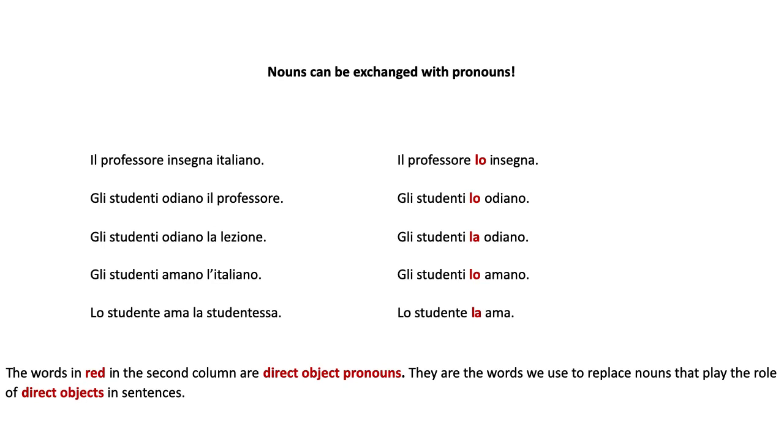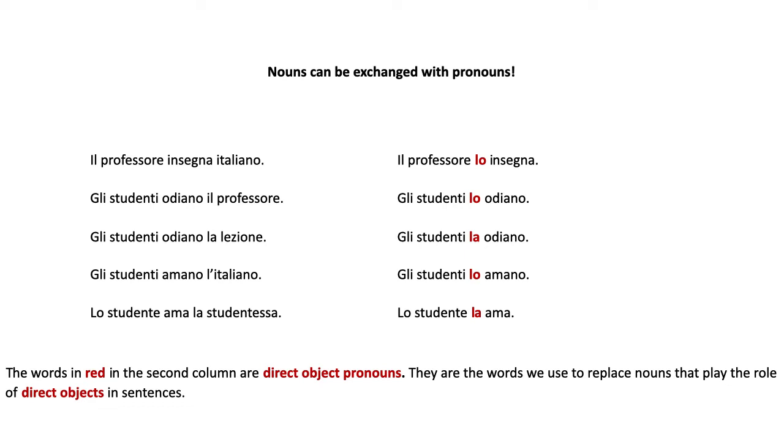I'll have you notice the position of the direct object pronoun in the sentences in the second column. It goes before the verb. I emphasize this because this is different from English. In English, you would say, the professor teaches Italian, the professor teaches it, right?